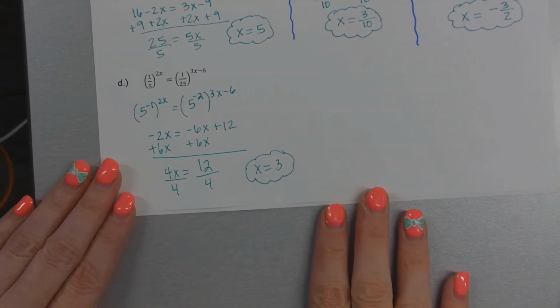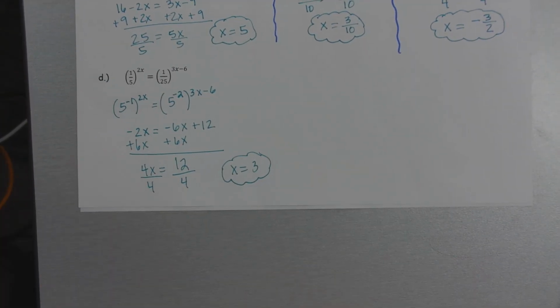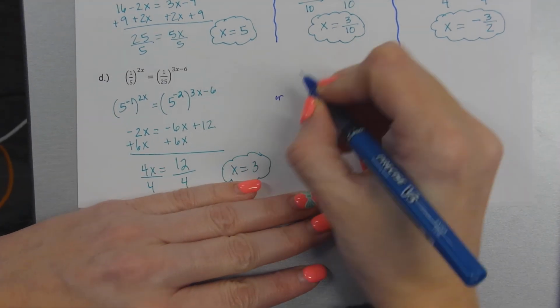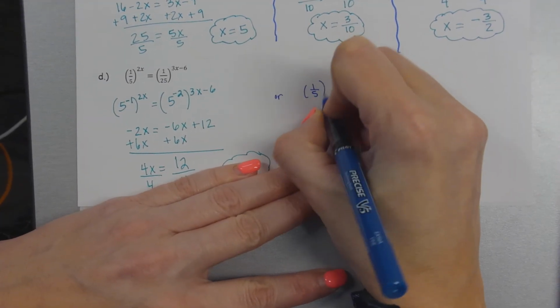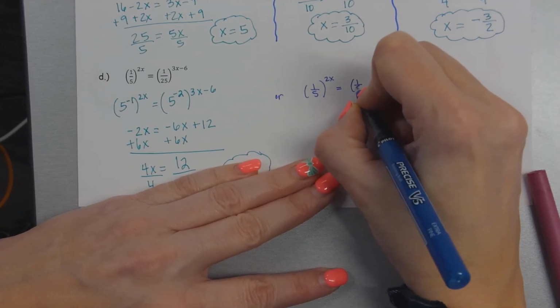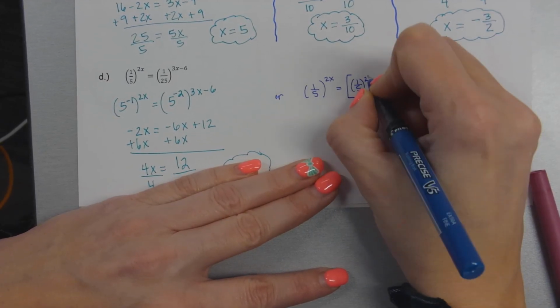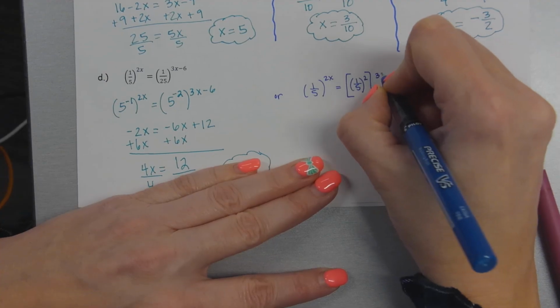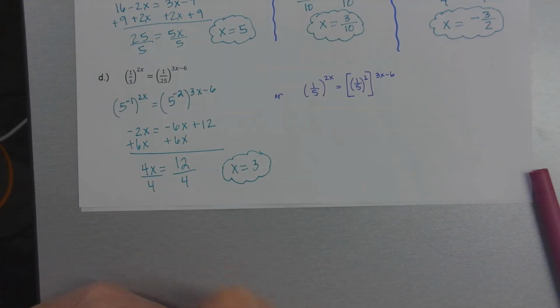Good. Okay, so I did the 1/5 on the board. Did we get the same thing? Yes. Okay, so for your equations, some of them might have a different way that you can do it, and that is fine. You can do a base of 5, or you could do 1/5 to the 2x. I'm just going to write the first step. And if you do have something in parentheses, you can put brackets or double parentheses, and you'd end up with the same thing.